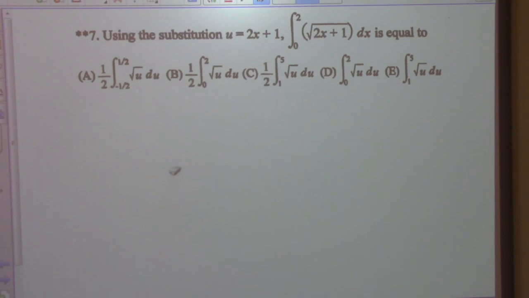Okay, here you're given a u-substitution. We tried to play a Kahoot game a little bit earlier, but that didn't work out because we didn't have internet service earlier. It looks like we have it now. We'll try to do that again tomorrow. So I want you to go ahead and do this u-substitution problem 7.